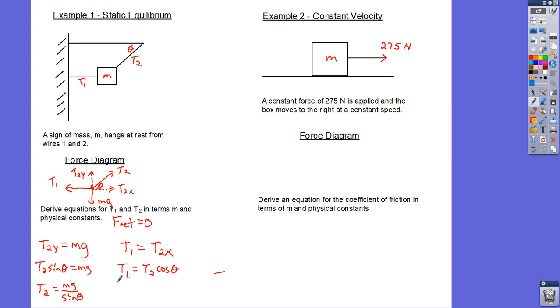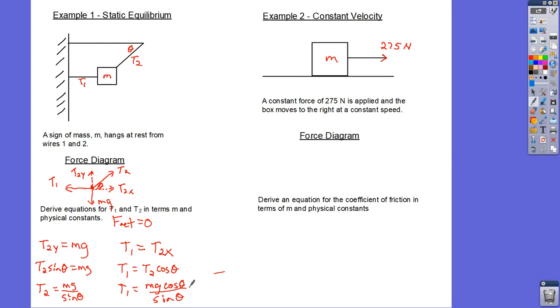And now we have this formula for T2, so we could substitute that in. So we could say that T1 is equal to mg cosine theta over sine theta.